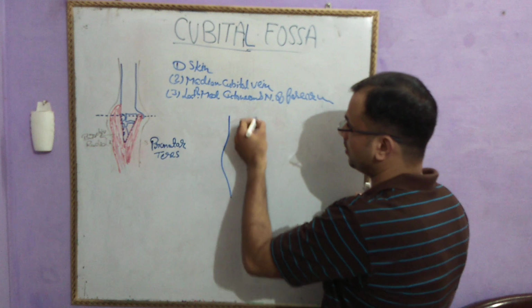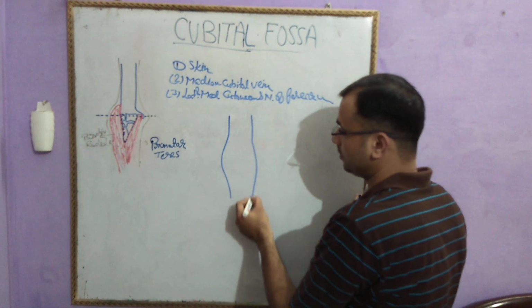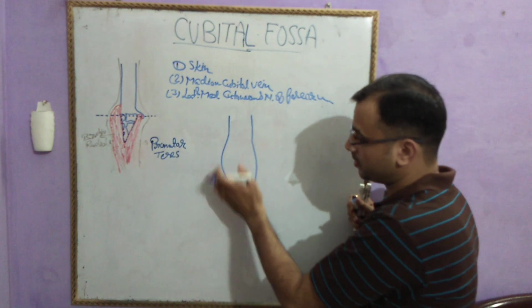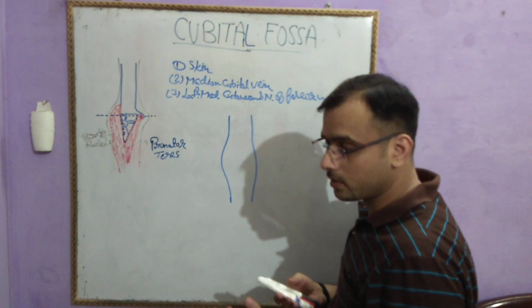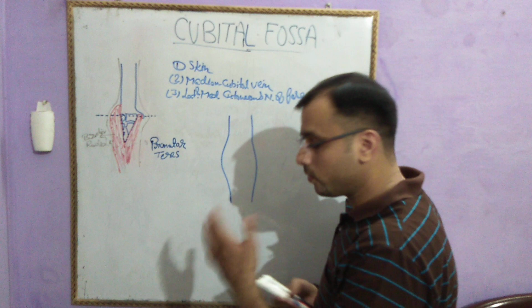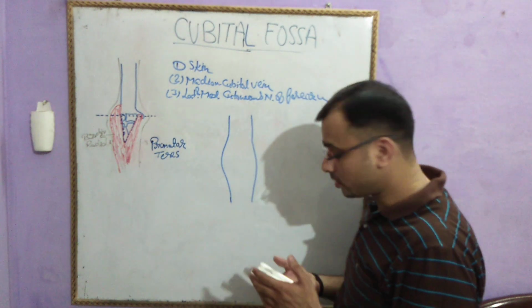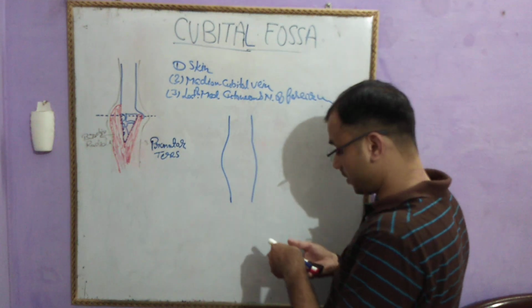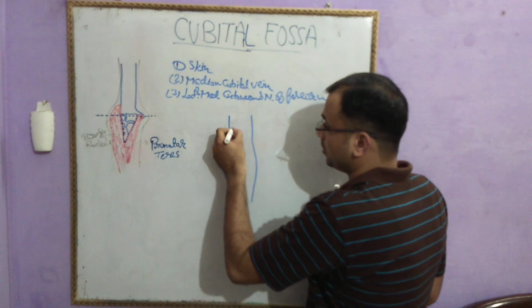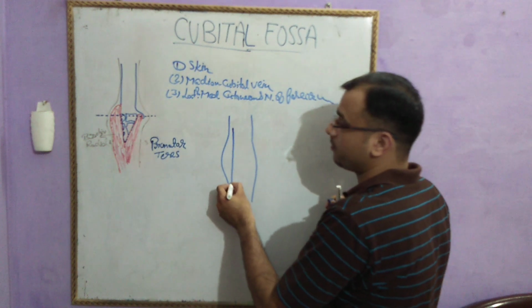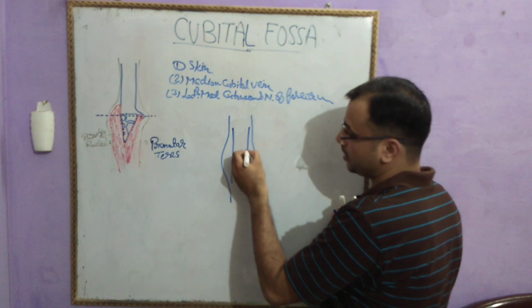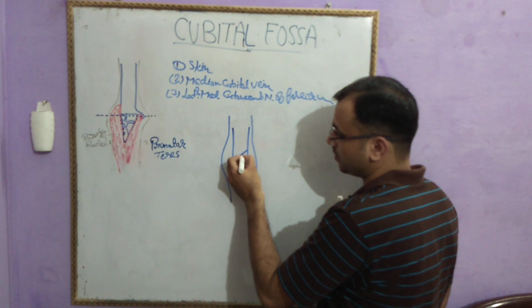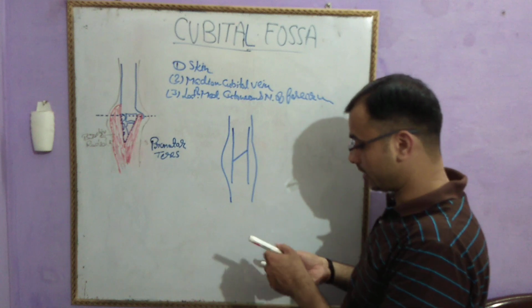This is the elbow region. This is the skin of the elbow region. If we remove the skin, we can see the superficial fascia, in which is the location of the cephalic vein, basilic vein, and the interconnecting vein known as the median cubital vein.